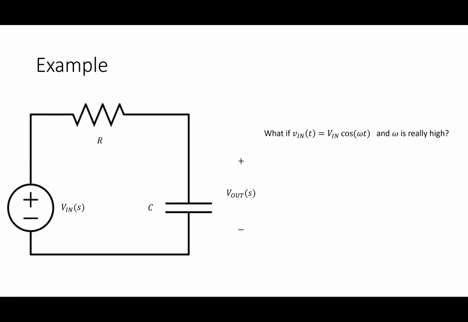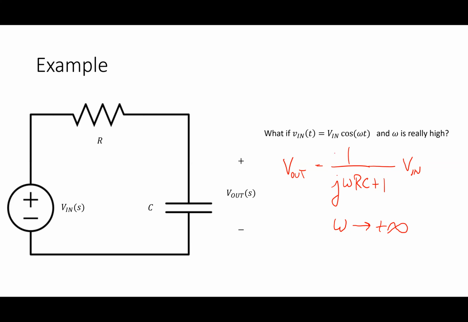Okay, so I have V out equals 1 over j omega RC plus 1 times V in. What happens if omega is really high? Let's say omega goes to infinity. Let's look at that function.